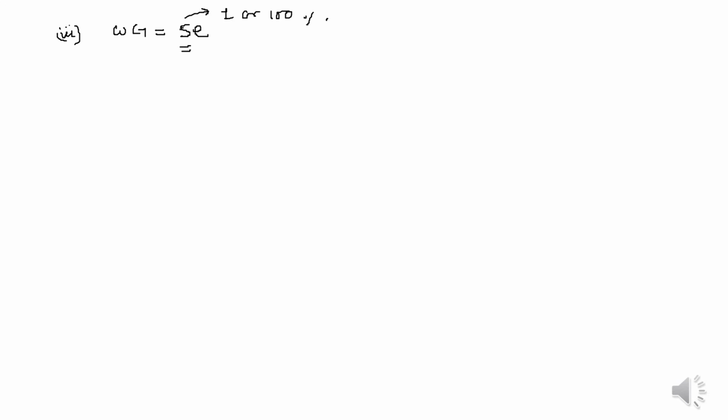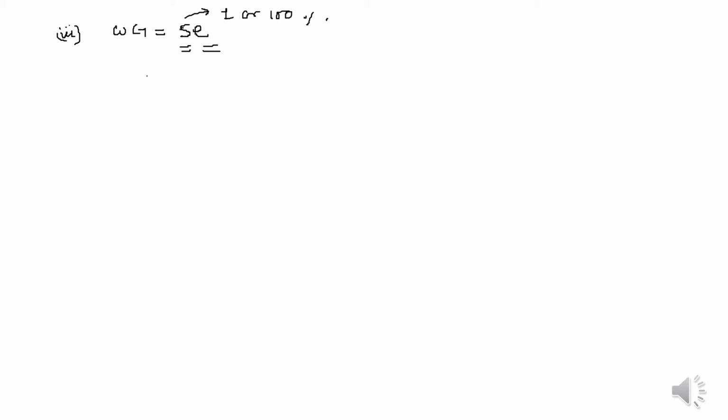Here my specific gravity remains the same, which is 2.69, my saturation is 1 or 100%, and my void ratio also remains the same, which we calculated as 0.574 in part 2 of the question.